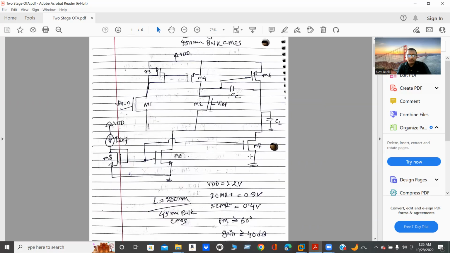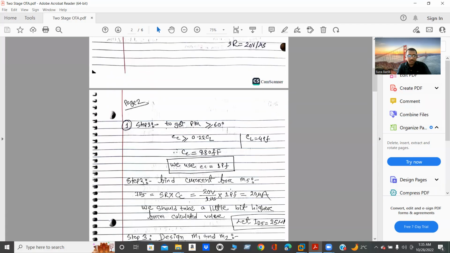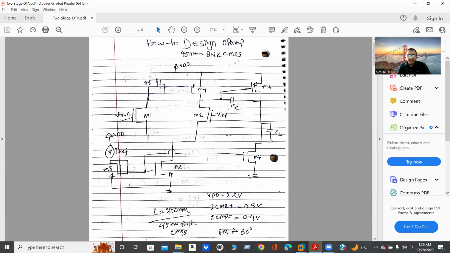Now I will show you how to design the first block, the first stage differential amplifier. After that, I will design the second stage. My first step is, from phase margin, I should determine this compensation capacitor CC.